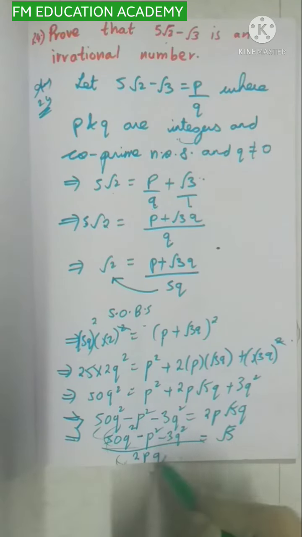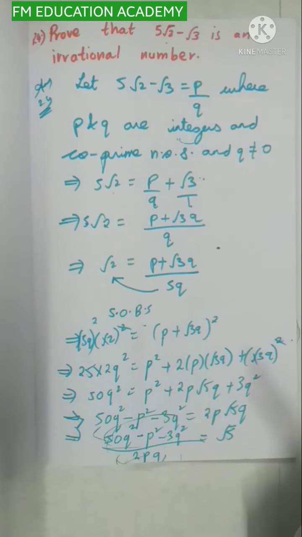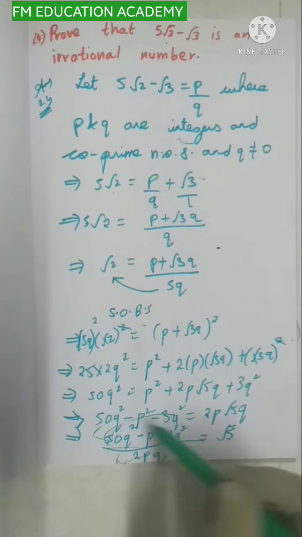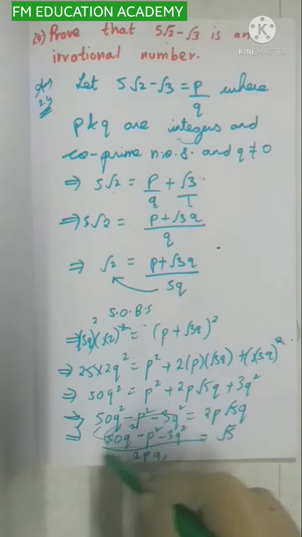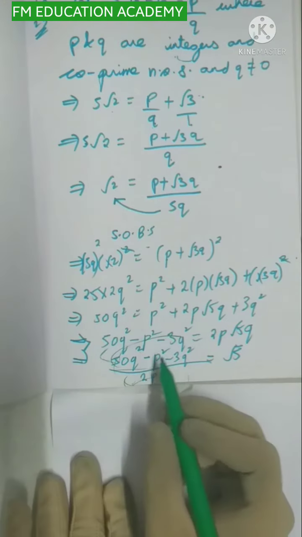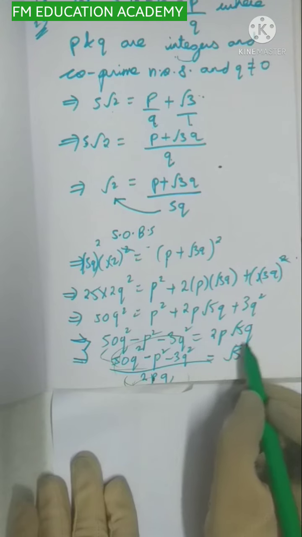So it is of the form a by b, like p by q. This whole is p and this whole is q. This is of the form p by q, meaning this is rational, and here we have an irrational number, because we already know that root 3 is irrational. Everyone knows that root 3 is irrational.